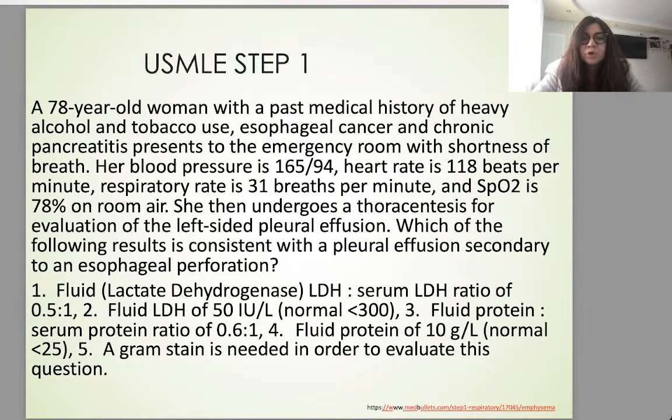Third option, fluid protein to serum protein ratio of 0.6 to 1.4. Fourth option, a fluid protein of 10 grams per liter, normal less than 25. And fifth option, a Gram stain is needed to evaluate this question.